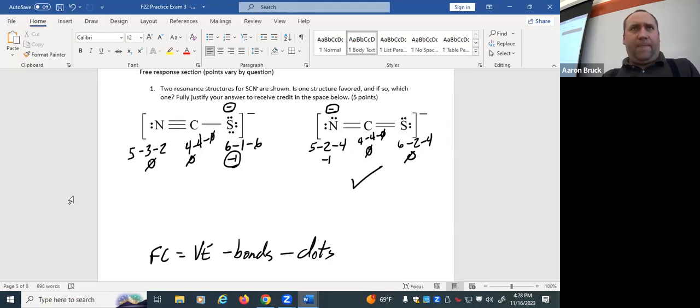Next. Yes. So a triple bond would have a sigma bond and 2 pi bonds. Together, that would give you the 3 bonds. A double bond would have a sigma bond and a pi bond.